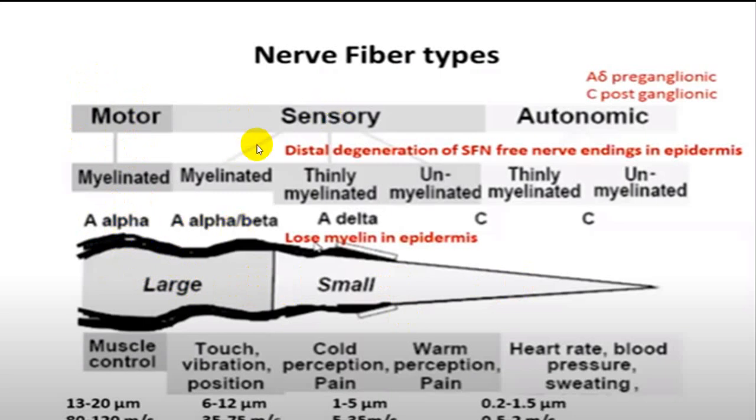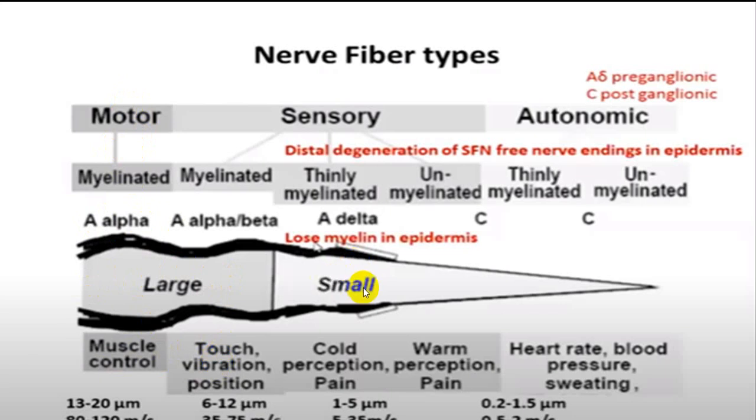One variety of sensory fiber is myelinated, which we call A alpha and A beta, and that carries touch, vibration and position sensation, which we call the posterior column. So large fibers are mainly myelinated fibers, motor fibers which supply muscle, and myelinated fibers which belong to the sensory system, the posterior column fibers. So these two are large fibers. Whenever large fibers are involved, you will have motor involvement with or without involvement of the posterior column.